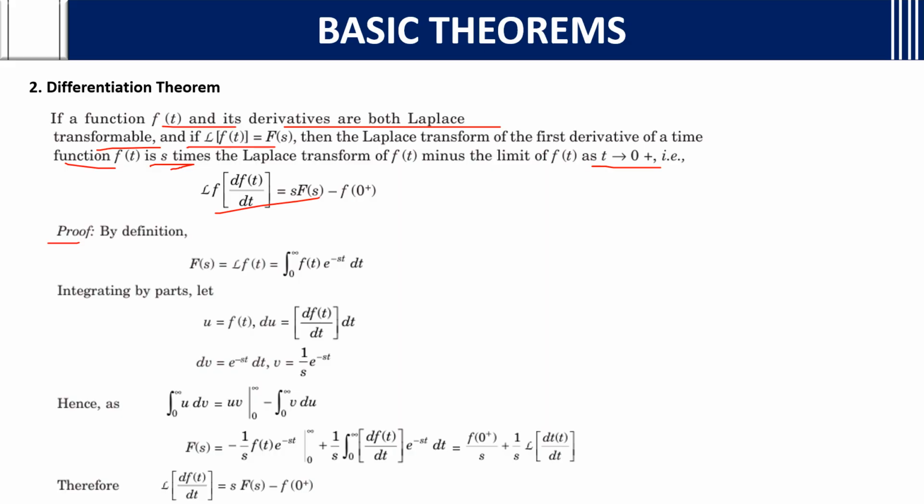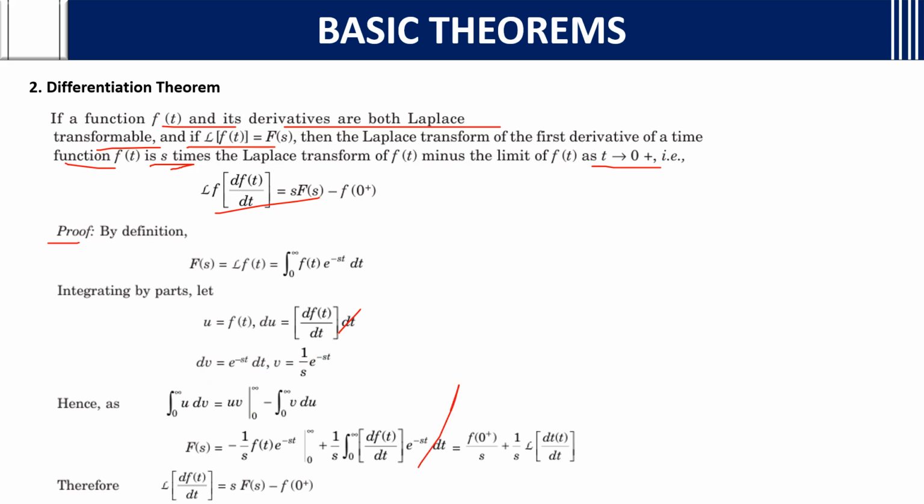Then F of s is equal to minus 1 by s f of t e power minus st, because if you substitute all these values, you will get minus 1 by s e power minus st f of t from 0 to infinity plus 1 by s integral 0 to infinity d by dt of f of t e power minus st dt. By substituting these values in this equation, you are getting this.